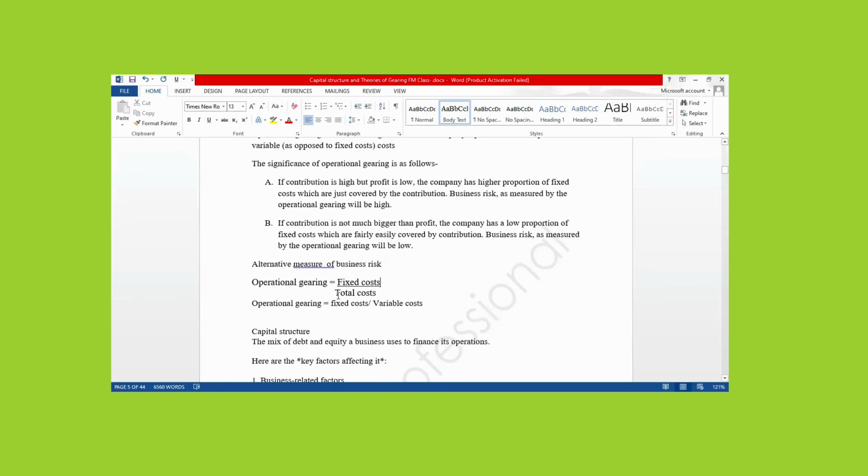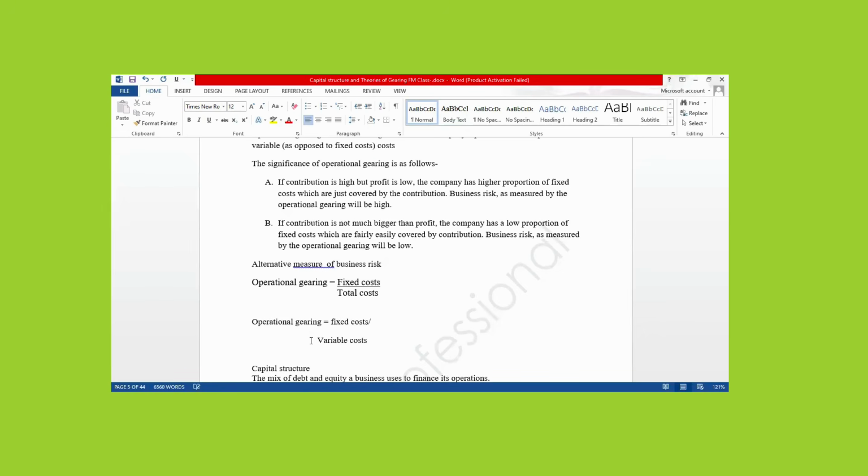Or you can calculate it as fixed cost over variable cost. Any of the three methods can be used.